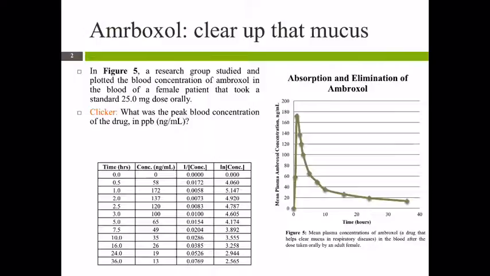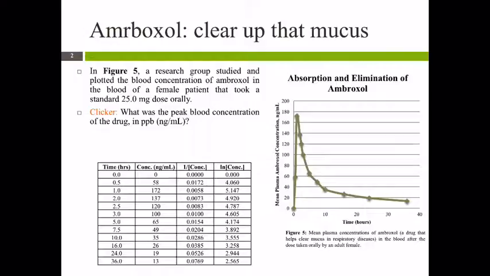This is a single female patient that took a 25 milligram dose of ambroxol. And I've given you the data in graphical format on the right. And I've given you concentration versus time in the left 2 columns. And then we've done the manipulations in the next 2 columns that you guys have typically seen in the other representations.